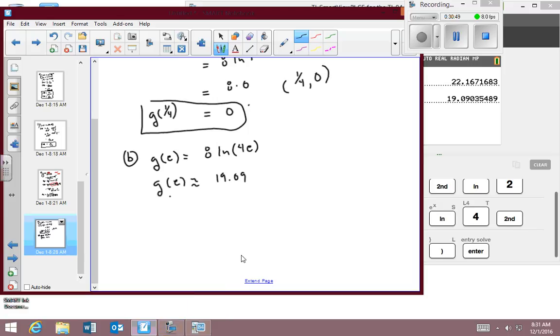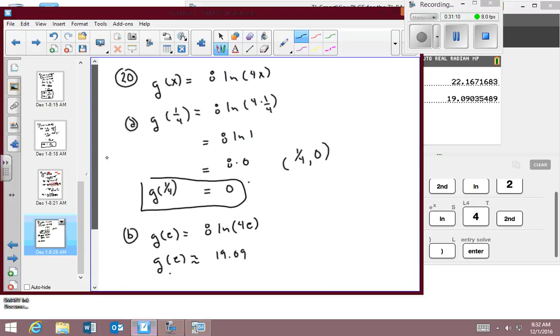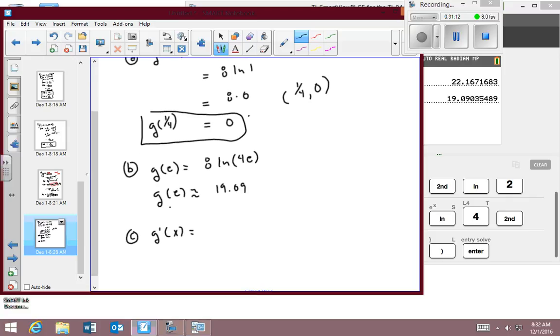Now then, it's the C part. So find G prime of E. So what I first want to do is do the G prime of X and then plug E into it. So I got this together.